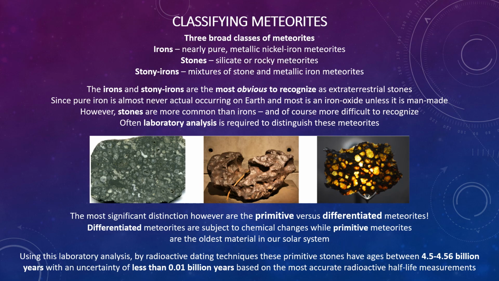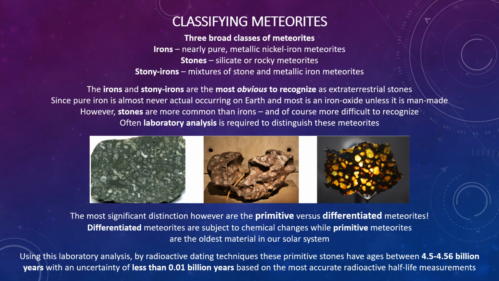And by using radioactive carbon, or not necessarily carbon dating, but any radioactive dating technique on these primitive stones, they have been able to age them to 4.5 to 4.56 billion years, with an uncertainty of less than 0.01 billion years. So that's less than 10 million years uncertainty on that 4.5 billion year estimate.